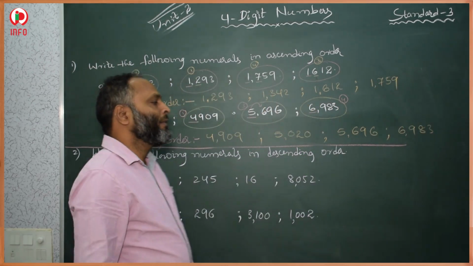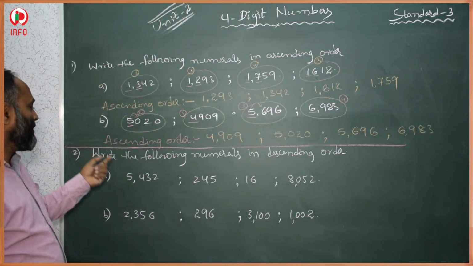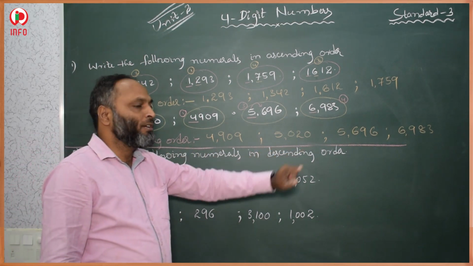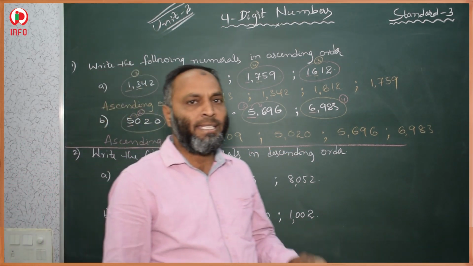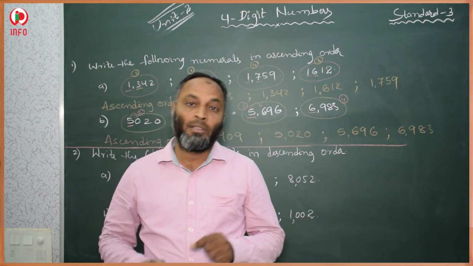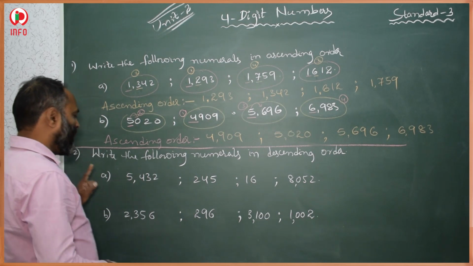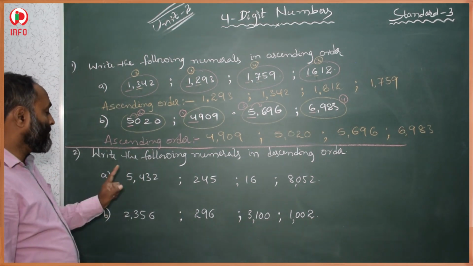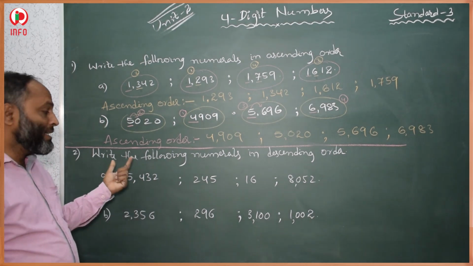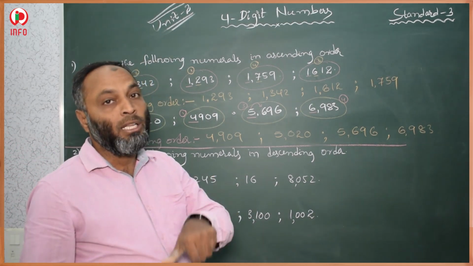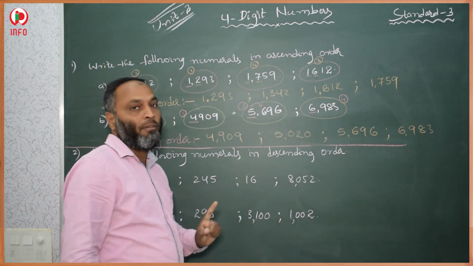Then after that, the vice versa question is given. In the second question, write the following numerals in descending order. Descending means decreasing order. Here we have to take the bigger number first. The same method we have to follow. Then how to check which one is bigger and which one is the least. First of all, some 4-digit numerals are given, and some 2-digit and 3-digit numerals are also given.